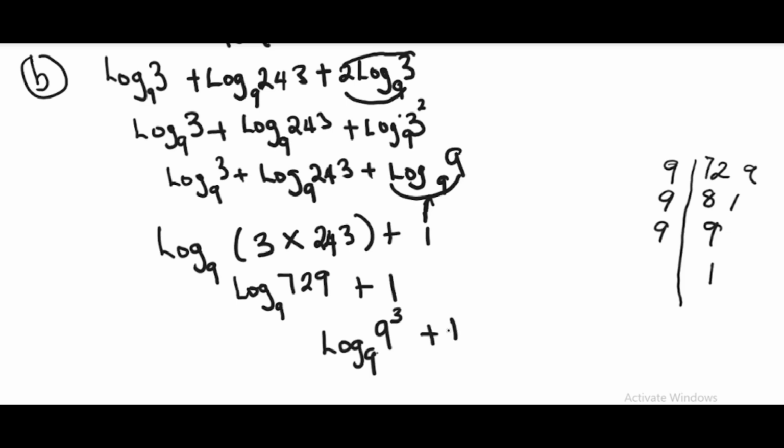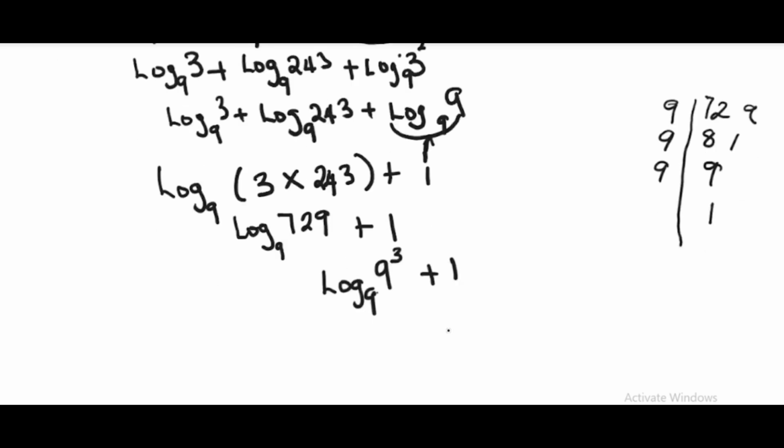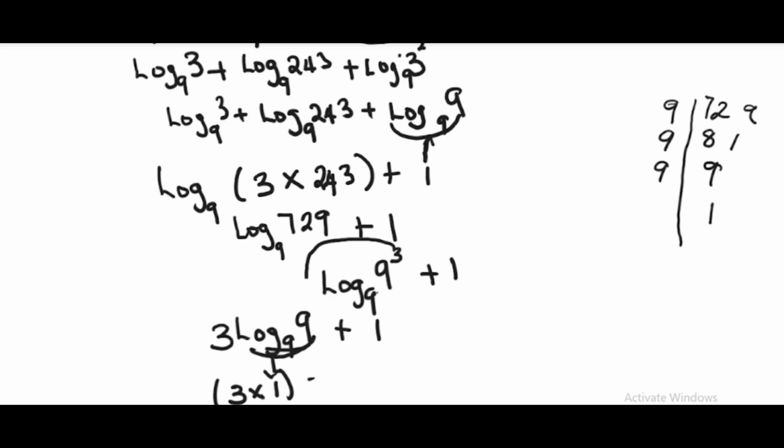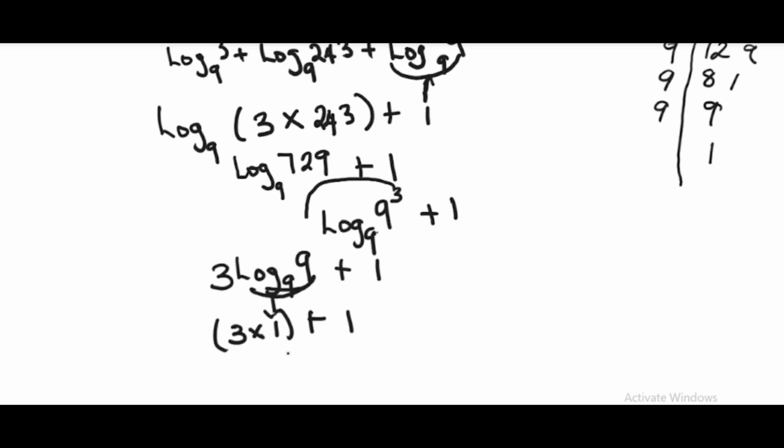You remember the power law. If you remember it, you will know that this 3 will come down here, and that will be 3 log 9 in base 9 plus 1. Remember that any log in its base is 1. So this would be 3 times 1, plus 1. And what will our answer be? We have it to be 4.